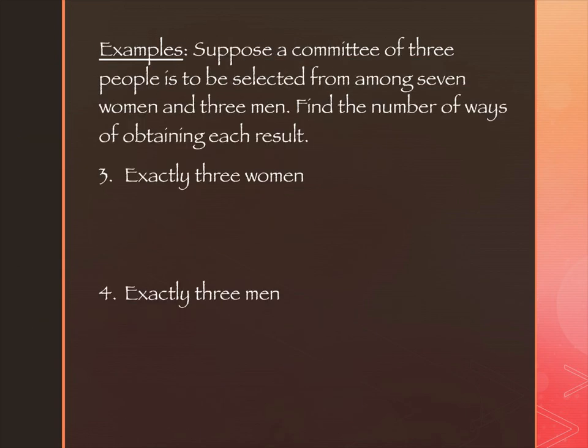It says that we have 3 people on our committee, so it's a committee of 3. And we're selecting them from 7 women and 3 men. How many ways are there to get exactly 3 women? Well, I want to choose 3 women, but how many women do I have to choose from? 7. So this is 7C3.